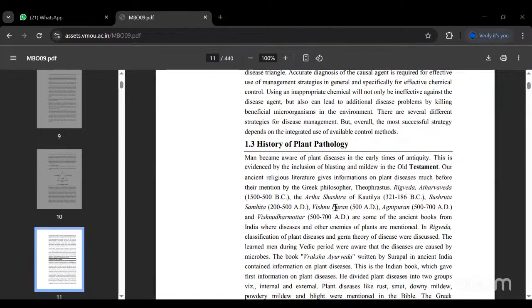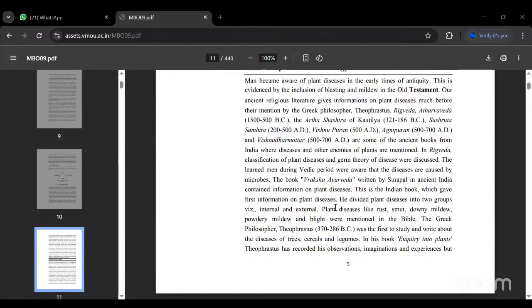The book Vriksha Ayurveda, written by Surapala in ancient India, contained information on plant diseases. This is the Indian book which gave the first information on plant disease. He divided plant diseases into two groups, internal and external.